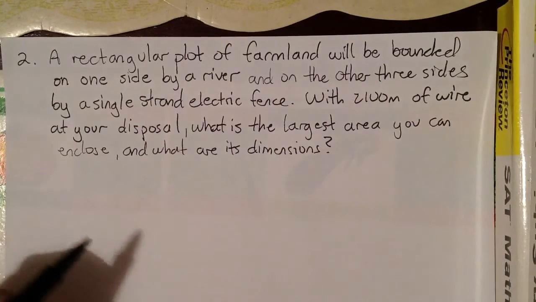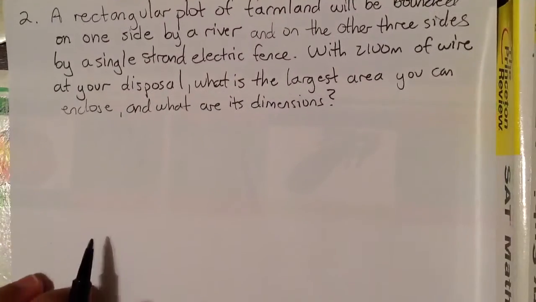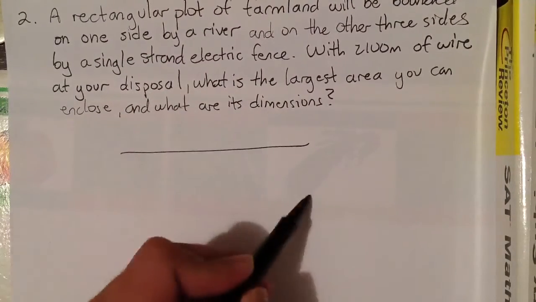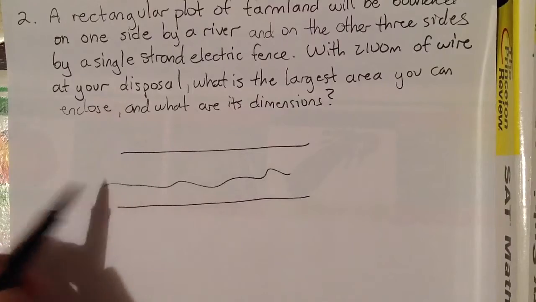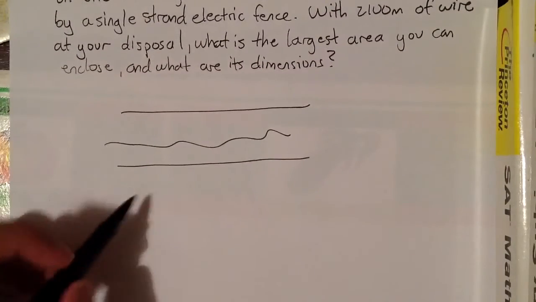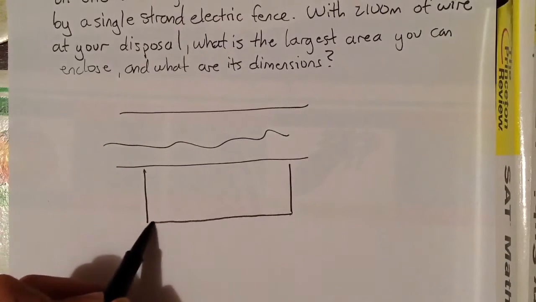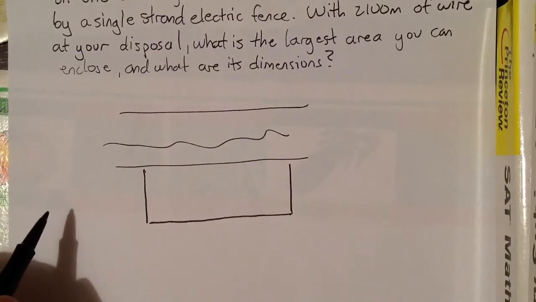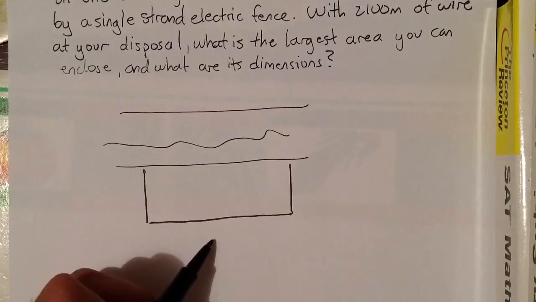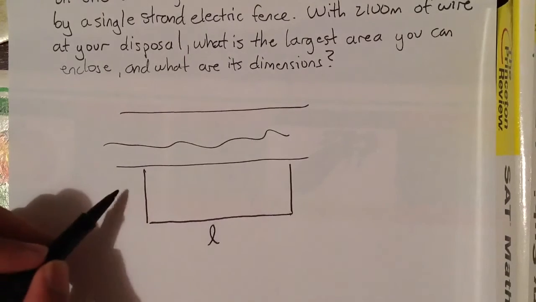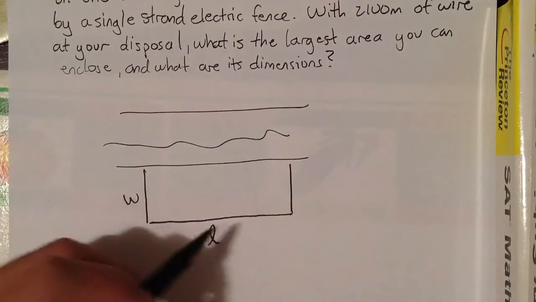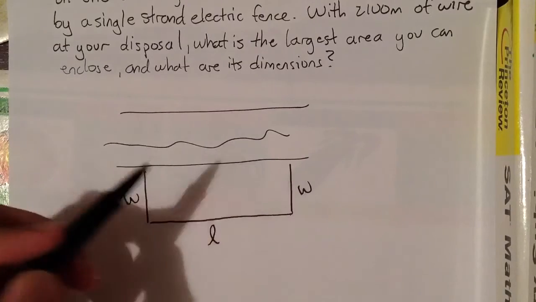Let's draw a diagram. Say we have a river here, and we have our rectangular plot right here, and let's call this L, and this W, and this is W as well.